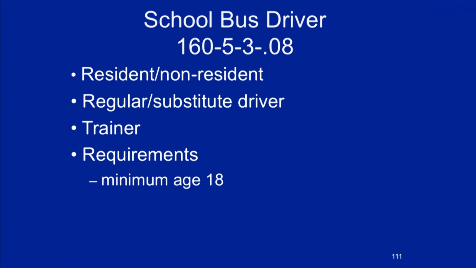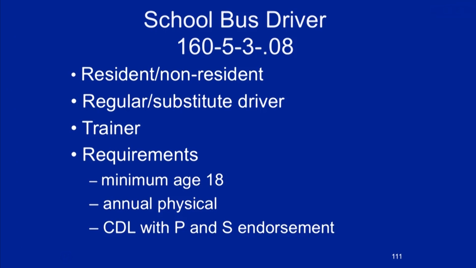Basically, minimum of age 18 in order to be a driver. Again, the rules for getting a CDL is that they must be a minimum of age 18. They must take and pass an annual physical, so the school districts have to do that. They must, of course, have that CDL with a P&S endorsement.